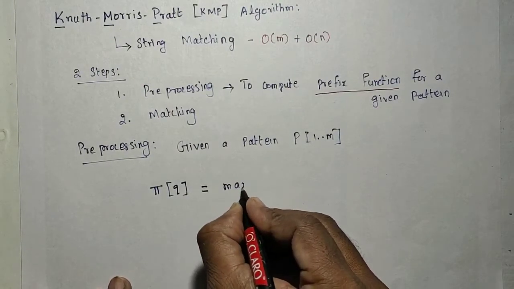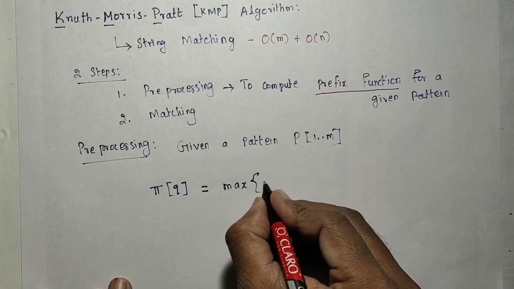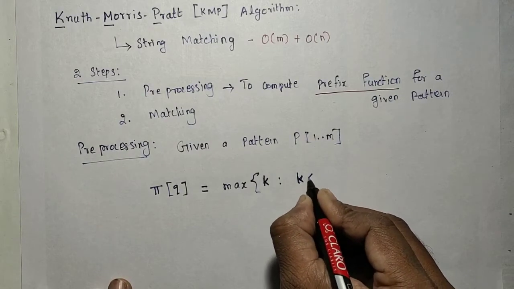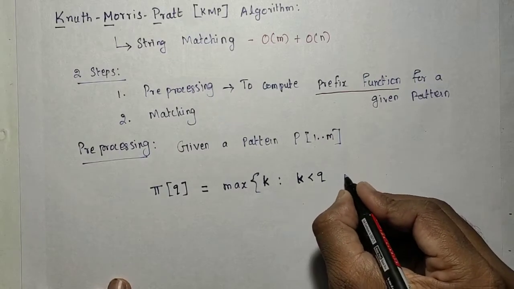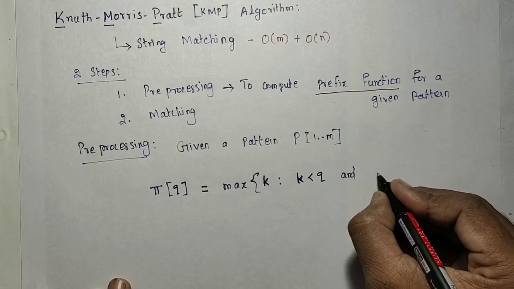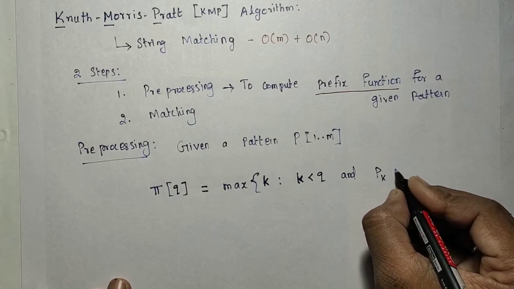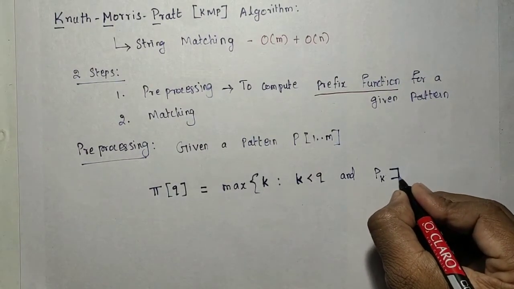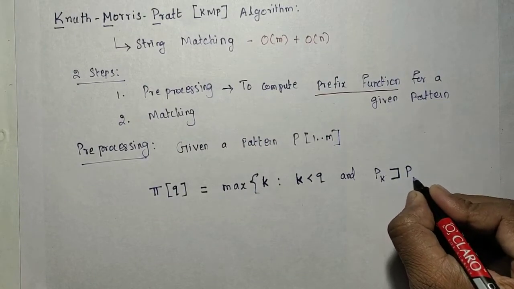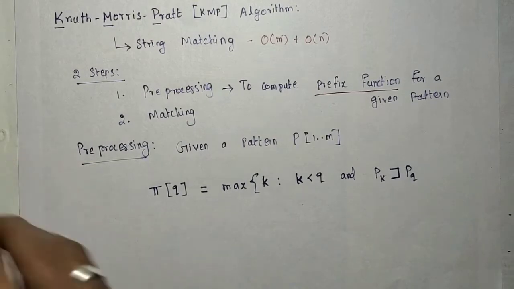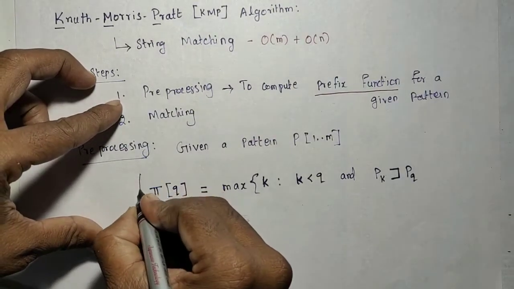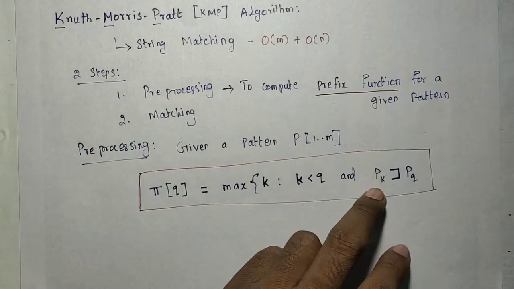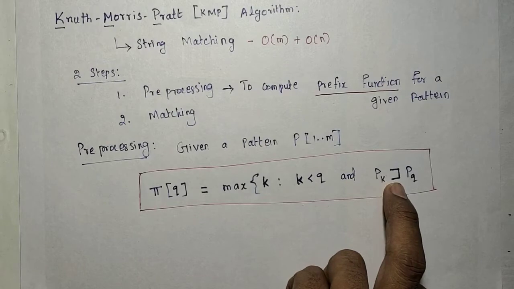It is nothing but the max of k, where k is less than q, and Pk is a proper suffix of Pq. So it is the max of the k, where k is less than q, and Pk is a suffix of Pq.